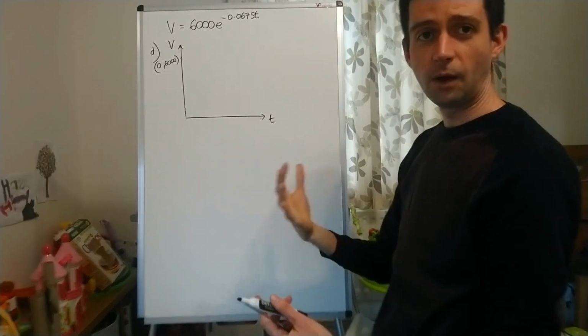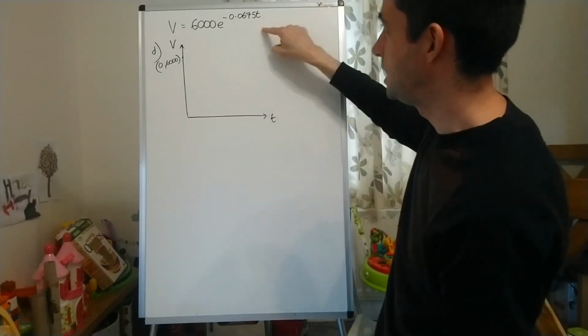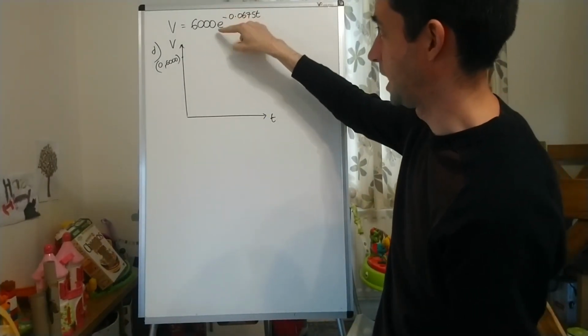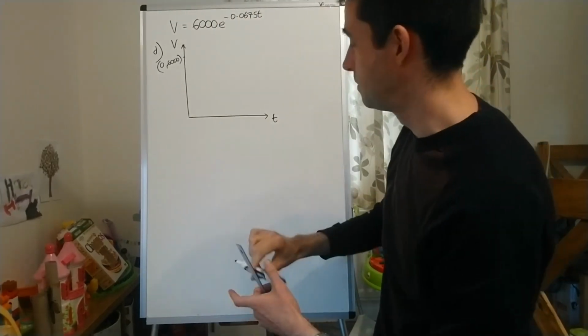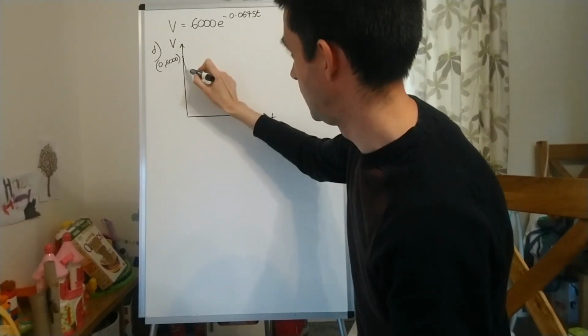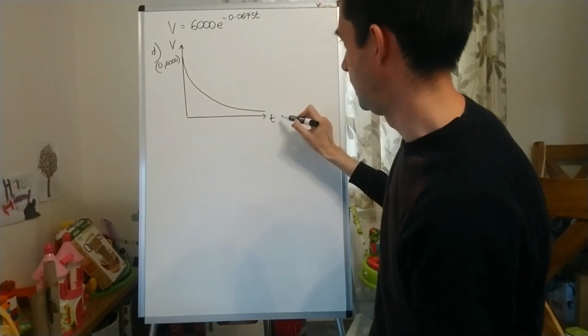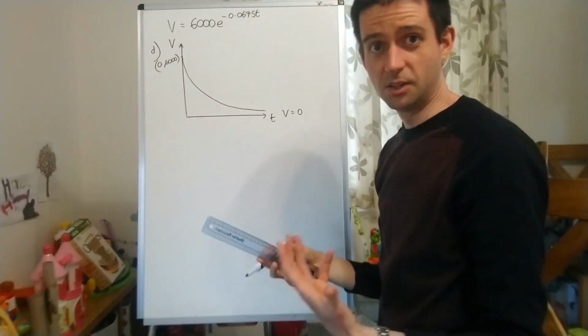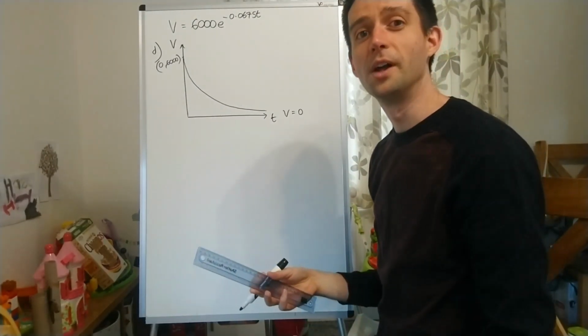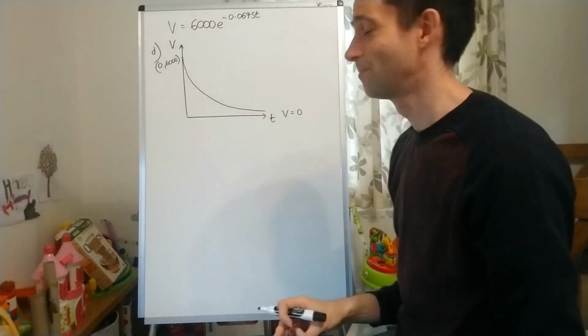And if you remember, how do you work out the asymptote? Well, the e bit can't be 0. So we say, okay, well, what if the e bit was 0? Well, the overall function would be 0. So what that actually means is that the asymptote is v equals 0. So the value of the bike is decreasing exponentially, but it's never quite going to be completely worthless.